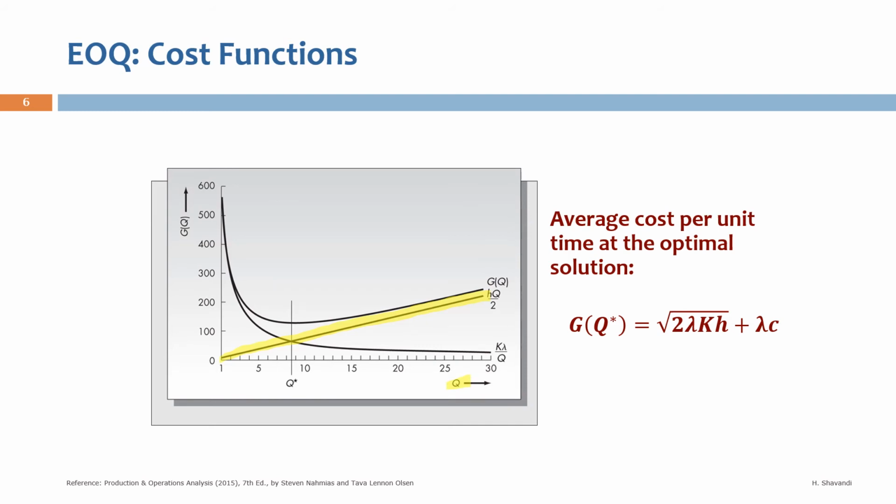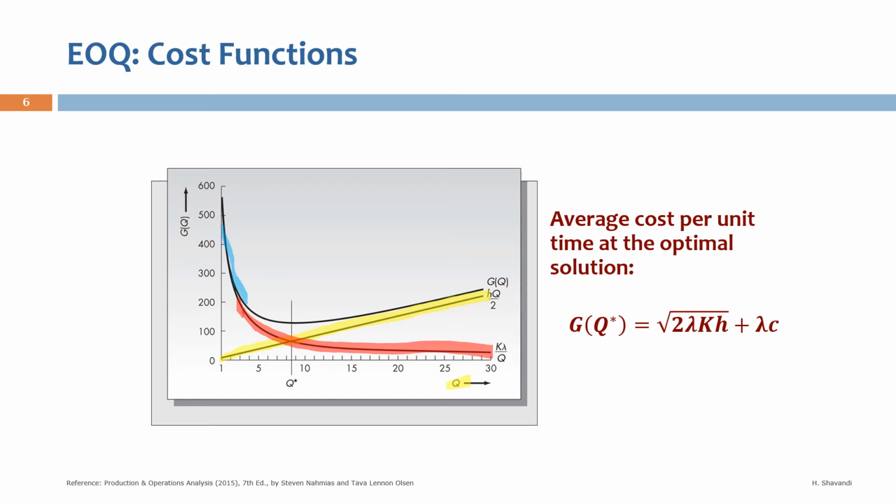And this graph will be the average inventory ordering cost, and as you see here, it's decreasing in Q. If we increase the quantity size, we will have fewer orders per year, right? So this is our inventory ordering cost.